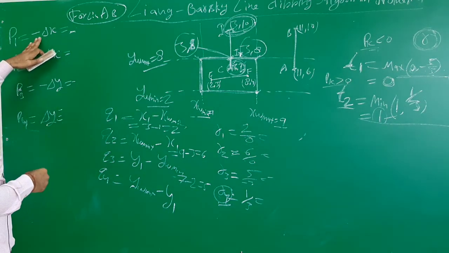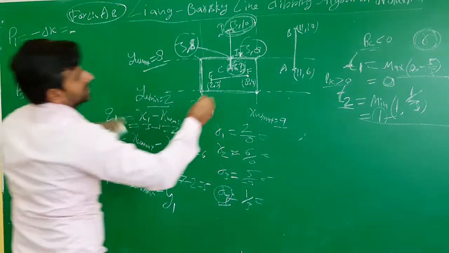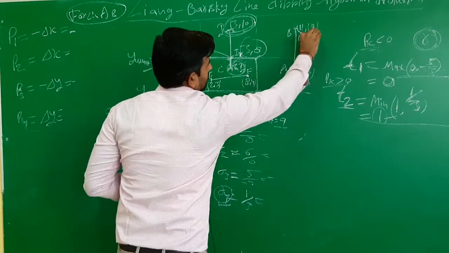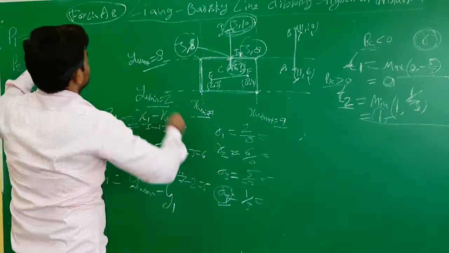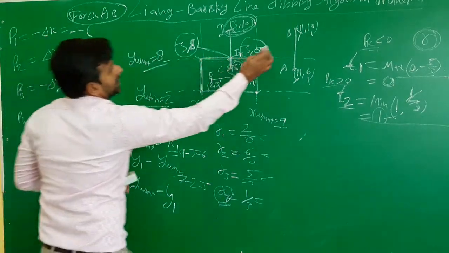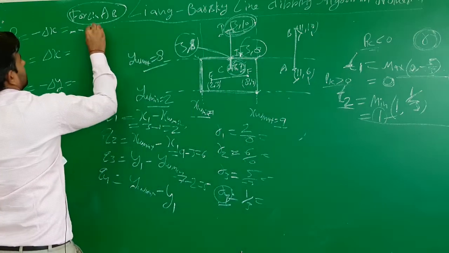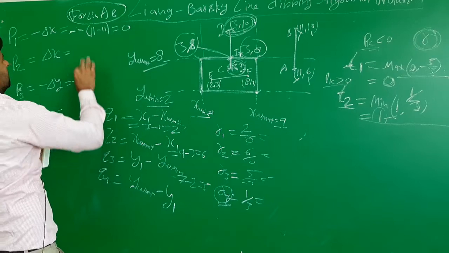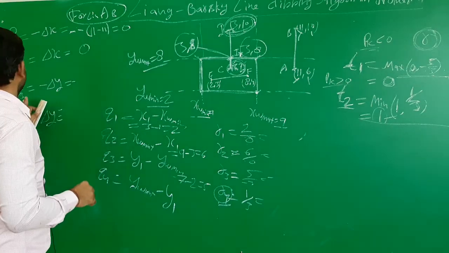P1 is minus del x. Here x1, y1, x2, y2. Del x is x2 minus x1. These are 11 minus 11 equal to 0. Clear? This is 0.